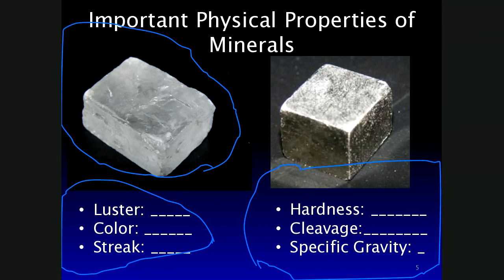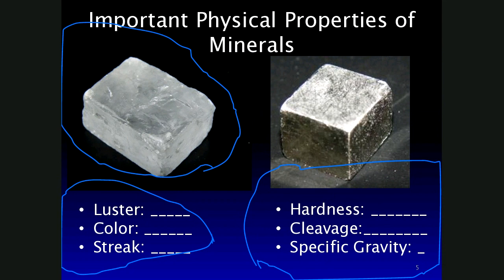Can someone type? The one to the left or the one to the right? Yeah, that's correct. And the one to the right, you can see it is reflecting light like a metal, right? So that's a metallic luster.